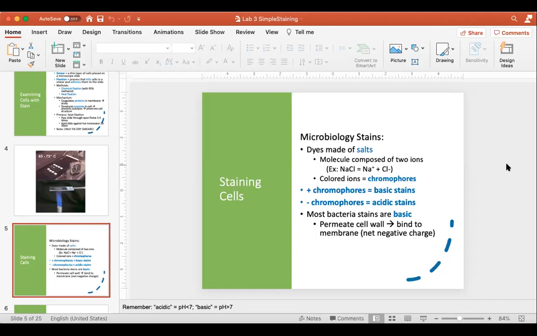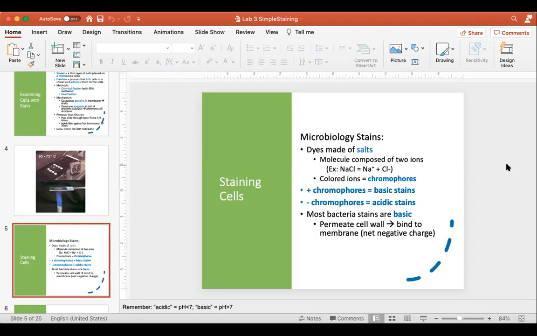So some of our stains have positive chromophores in them, positive colorized ions in them. Those are basic stains. Some of our stains have negatively charged colorized ions in them. Those are acidic stains. And different stain types, basic or acidic, are good for different purposes.